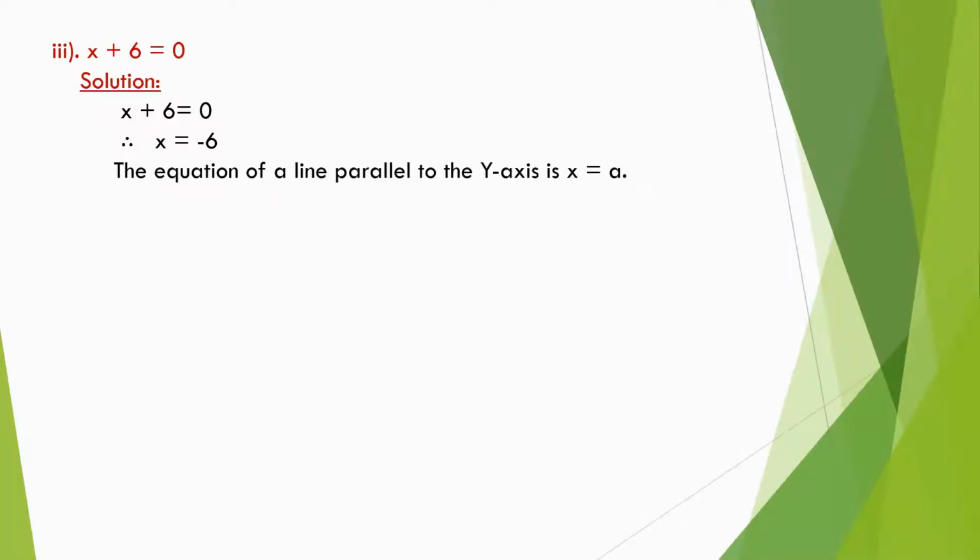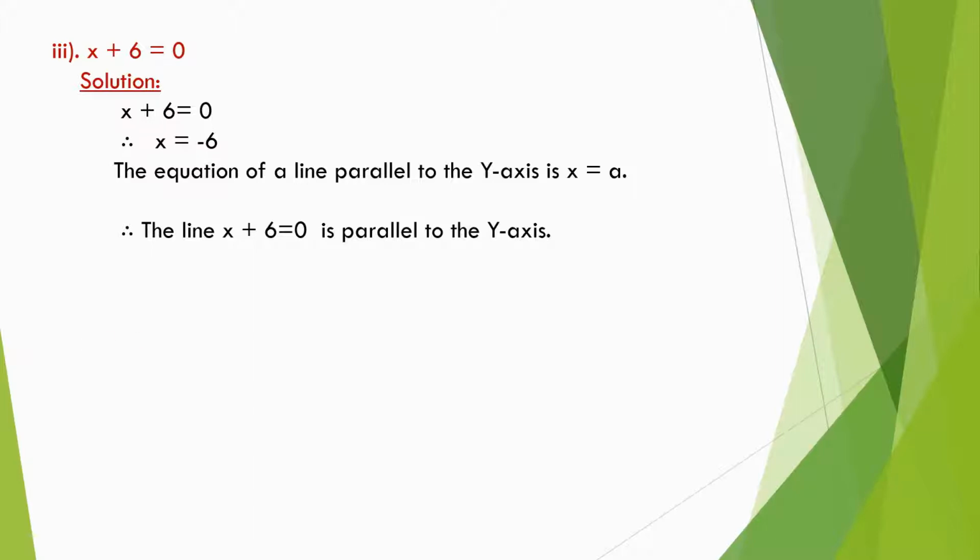Question number 3. x plus 6 is equal to 0. Solution. x plus 6 is equal to 0. Therefore, x is equal to -6. The equation of a line parallel to the y-axis is x equal to a. Therefore, the line x plus 6 is equal to 0 is parallel to the y-axis.